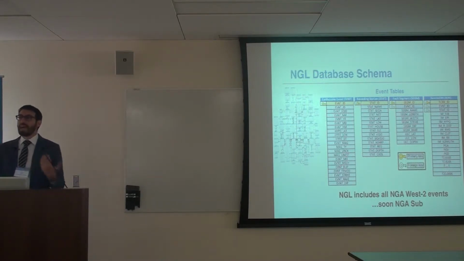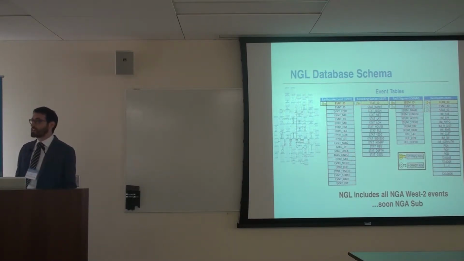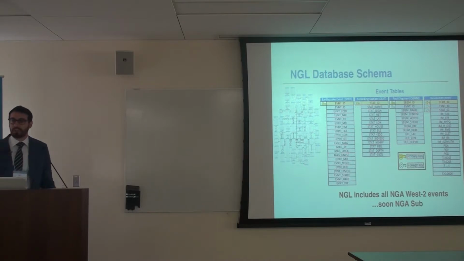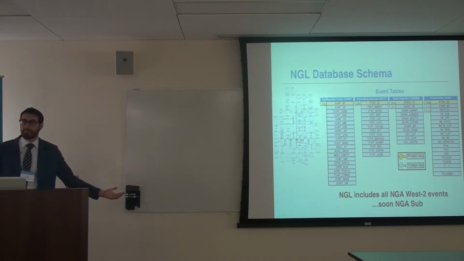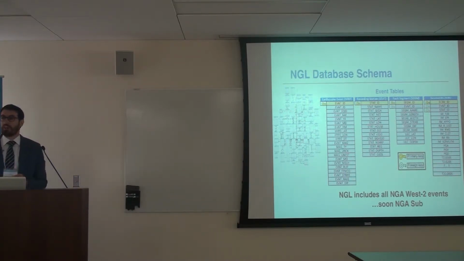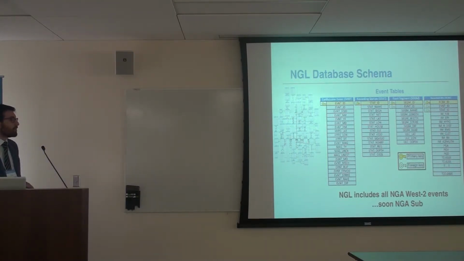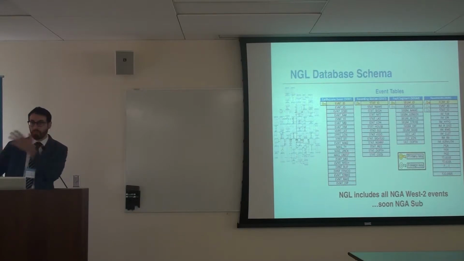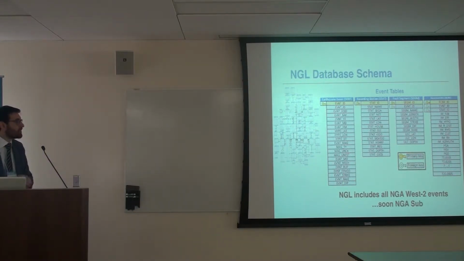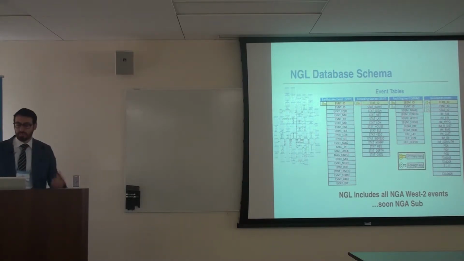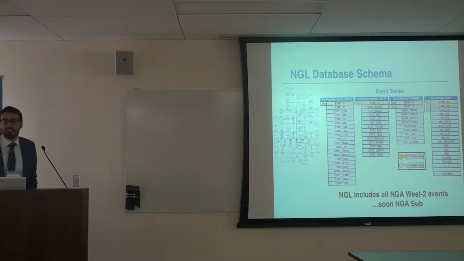So if you have any site characterization or liquefaction observation caused by earthquakes in the NGA West 2 database, you can actually use all of this information within the NGL framework. And of course, we are hoping to get NGA subduction information whenever it becomes publicly available. And again, I have to thank the leadership and the people that are working on these NGA-related efforts.